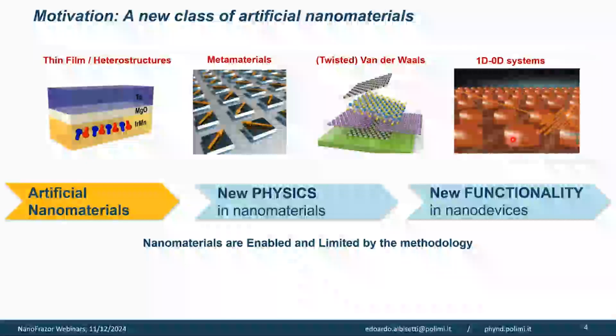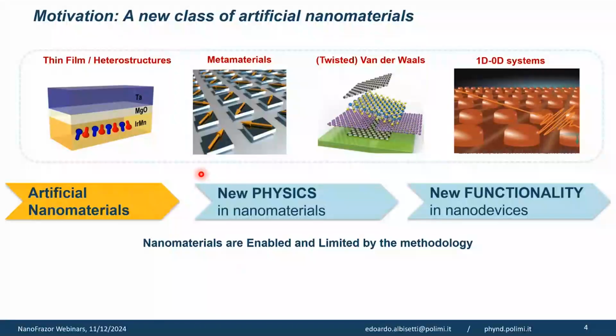These are just a few examples of what happens when someone unlocks a new technique for controlling materials, starting from probably the oldest one among these types of applications, so thin film heterostructures, piling up different materials, giving a lot of importance to interfaces to achieve new properties; metamaterials, so having new material properties that arise from nanofabrication, so basically controlling at the nanoscale the morphology of the material; van der Waals materials, 1D, 0D systems, all techniques and technology that allowed us to go beyond what was possible and find new physics and applications.